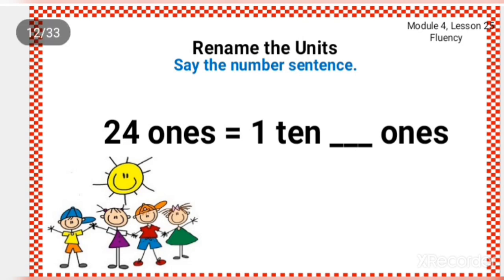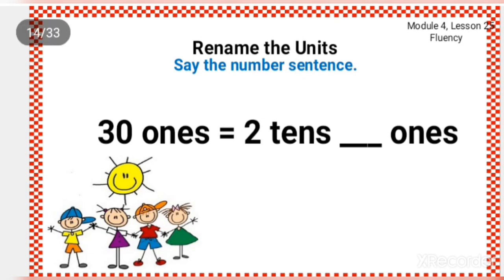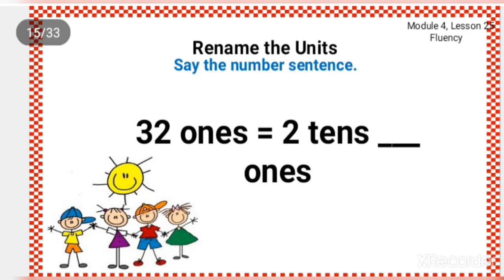What if we say 27 ones? 27 ones is 1 ten and 17 ones. 30 ones is equal to 2 tens and 10 ones. Beautiful. 32 ones therefore will be 2 tens and 12 ones.